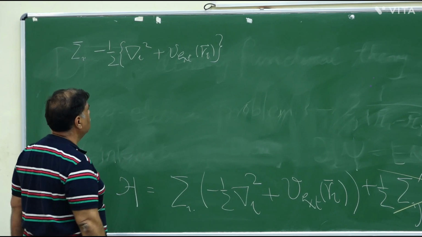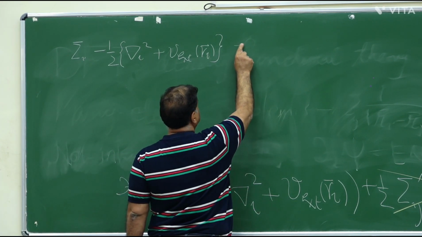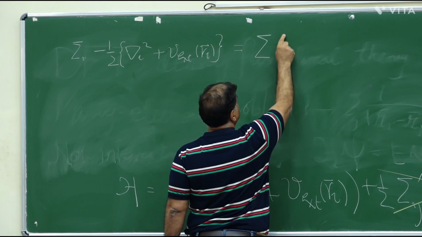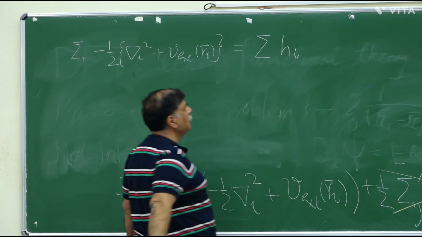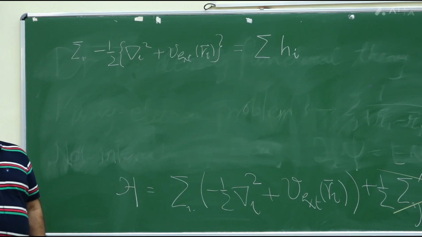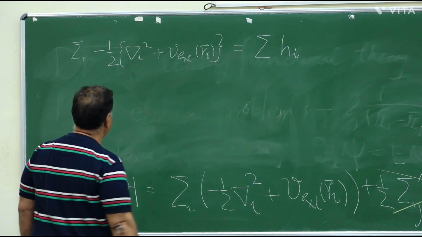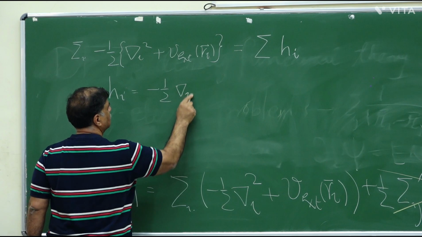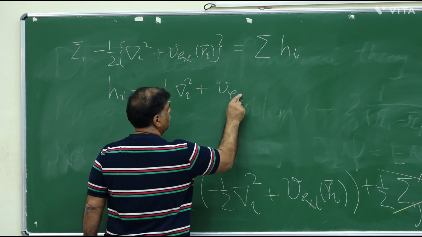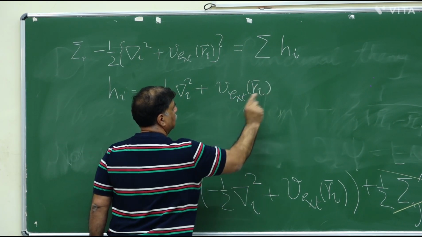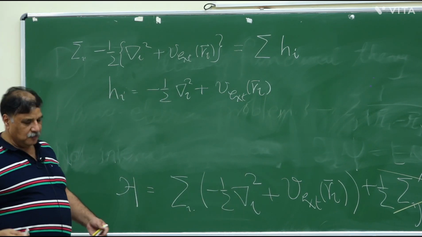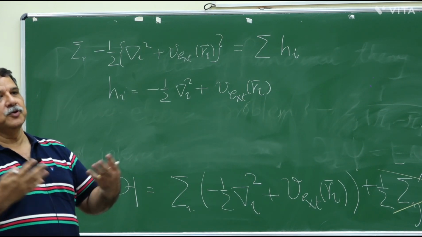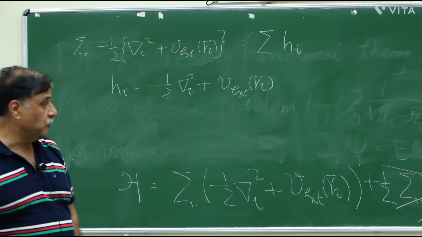That's it. Which I can write as a sum over single particle Hamiltonians, where Hi is minus 1/2 nabla i squared plus V external at Ri. By V external we mean some potential that is external to electrons. It's not their interaction potential, it could be the nuclear potential, the ionic potential, the background potential, or whatever.